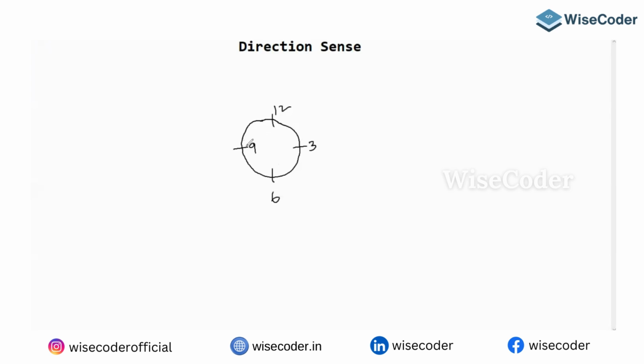When the time is 9 o'clock, this is the hour hand, the smaller hand, and this is the minute hand, the bigger hand. Actually this is north, east, south and west. This is the actual position, but according to our question, the actual positions are not like that.